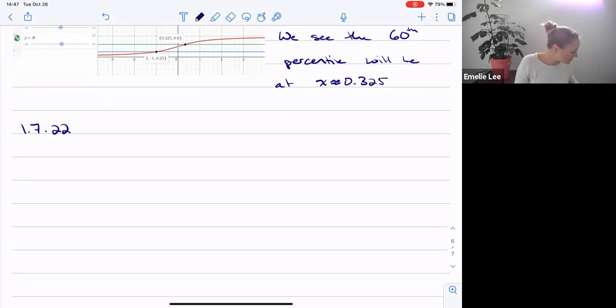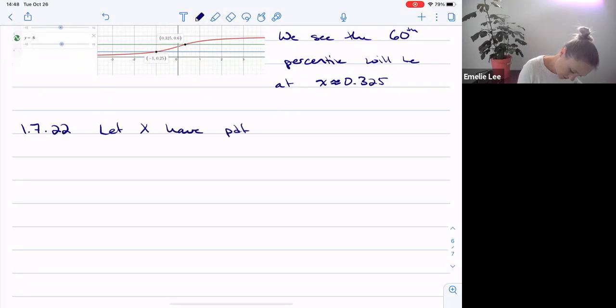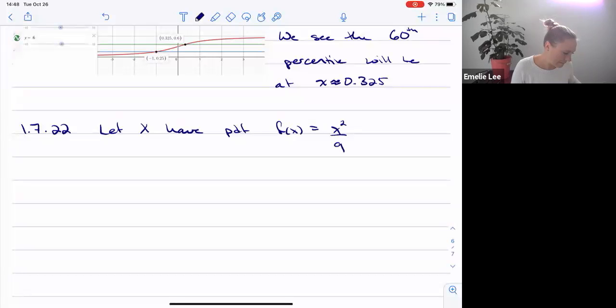Okay, 1.7.22. We're going to let X have PDF f of X is X squared over 9, and X is between 0 and 3.